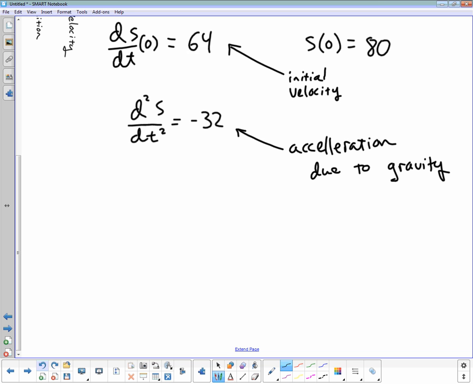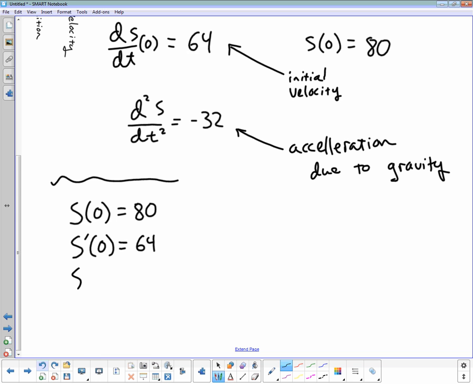So we have, let's list them all in one place. We have s sub 0 is equal to 80. S prime of 0 is equal to 64, positive going up. And S double prime is actually constant everywhere, assuming we're not going up into the stratosphere, something like that. Okay? And actually, I could even go so far as to say this.